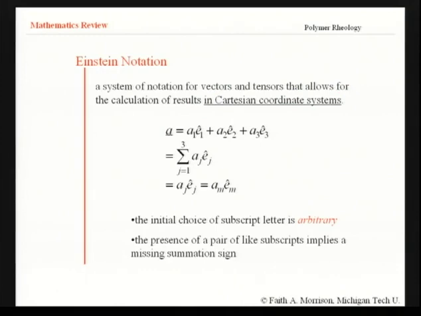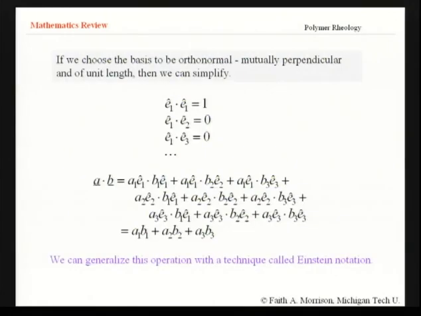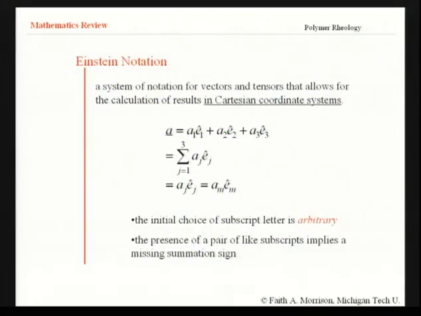So what we saw on the previous slide was that A dot B was A1 B1 plus A2 B2 plus A3 B3, which we could write as the summation of Aj ej, summation 1 to 3. Or if we drop the summation sign, we can just write it as Aj ej. Or if we had chosen instead of j as the indexing variable, Am em.